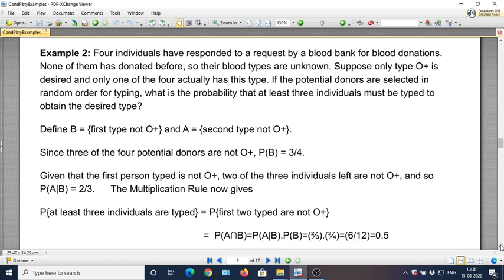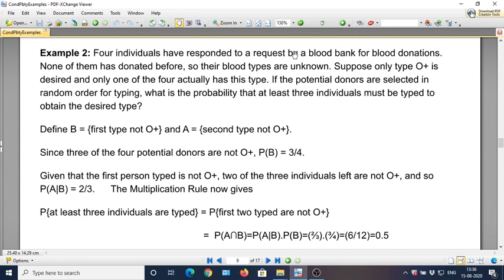Whereas in this case we will look at a case where the successive random experiments depend on each other, and the probability of occurrence of events themselves therefore changes. So conditional probabilities will be of use in this case. Let's say we have 4 individuals.